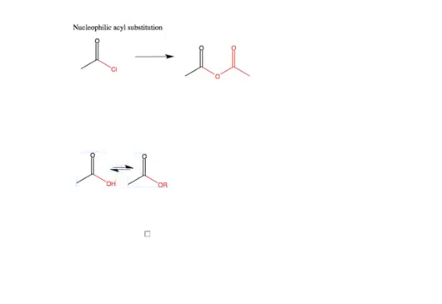So let's look briefly at the mechanism for 2 different types of nucleophilic acyl substitution. First, when we have a more reactive acid group turning into a less reactive acid group, such as an acid chloride to an acid anhydride, we get a very simple nucleophilic substitution reaction.